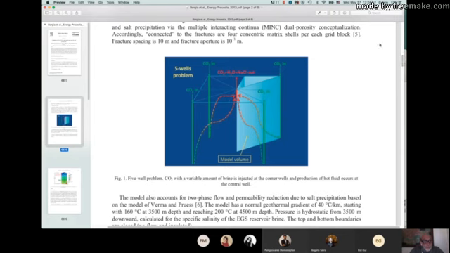What are the advantages of CO2? The advantages of CO2 are various. First of all, above about 32 degrees and 70 bars, CO2 is a supercritical fluid, so it's not a gas. It has the density of a liquid and the viscosity of a gas.